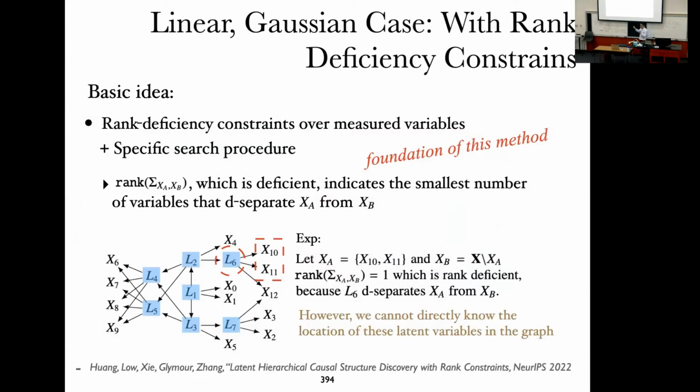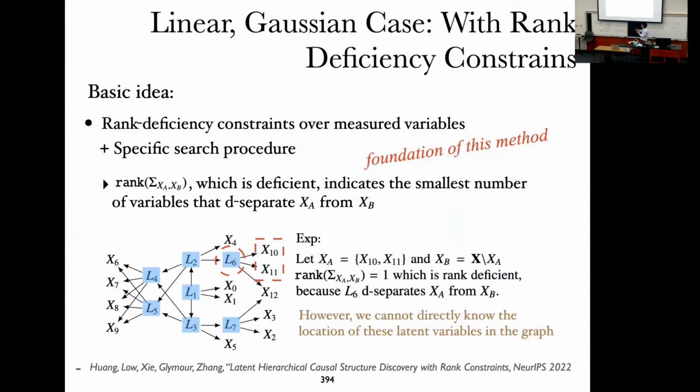First of all, he will talk about the low rank condition, or rank deficiency method. This is the basic idea. Here, this is latent variable L6. Then you can see the cross covariance matrix between, say, X10, X11, and all the rest will have rank 1, because one variable can just separate them. This is not a covariance matrix, but a sub-matrix of the covariance matrix, right?